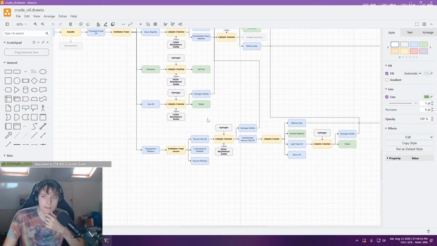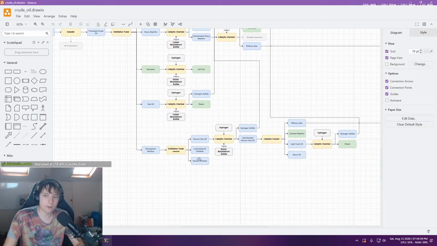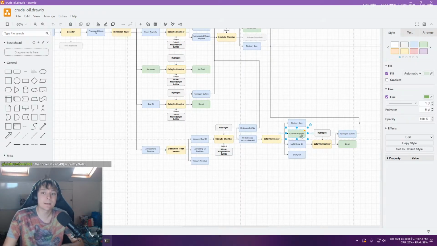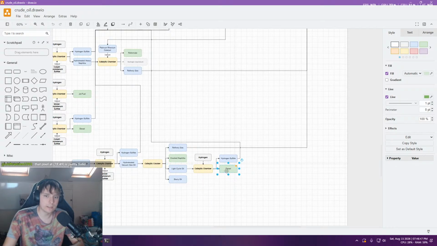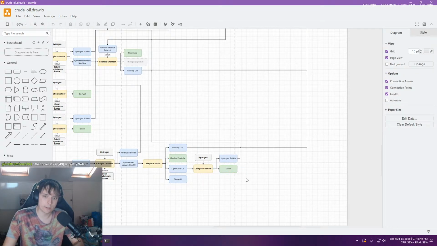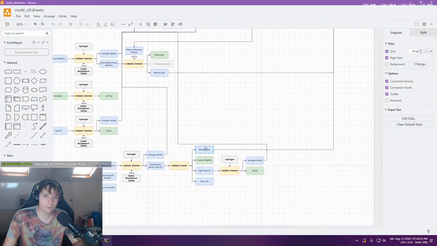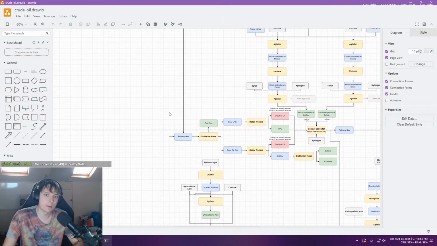Finally, this is the one I haven't finished yet, and that is the atmospheric residue. Currently there are some outputs. You have cracked naphtha, which is used to produce petrol, and diesel is potentially an output here. Also refinery gas, but that will just get reprocessed back up here.